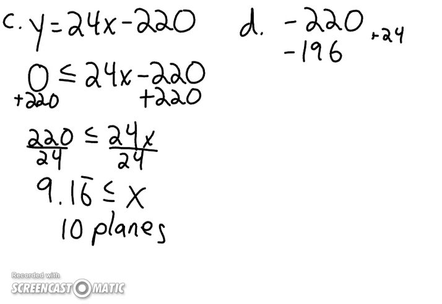She can't have a number between negative 220 and negative 196. And we could keep doing this. She sold another plane, she made another $24, that's negative 172, and so on. Any of those negative numbers are perfectly fine. You only need one. I just want to make sure you understand where it comes from.